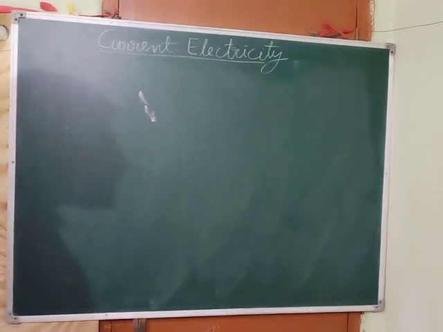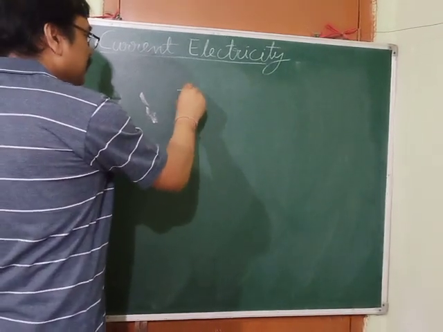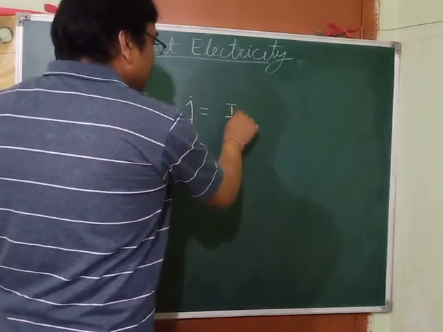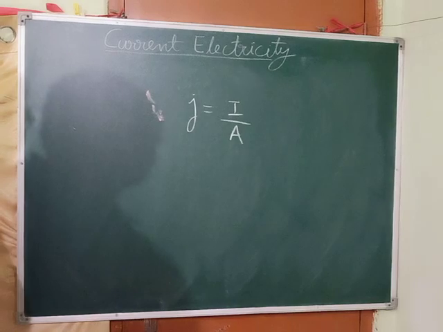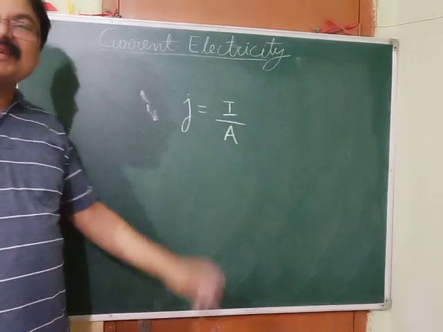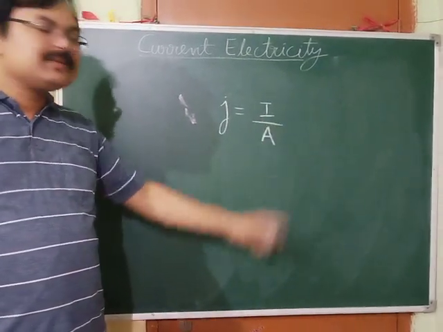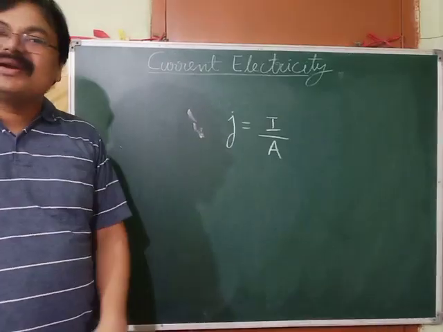Now you write, it is given by J is equals to I upon A. See, J is a vector quantity, area is also a vector quantity, but current is a scalar quantity. How can a vector quantity be equal to a scalar quantity?